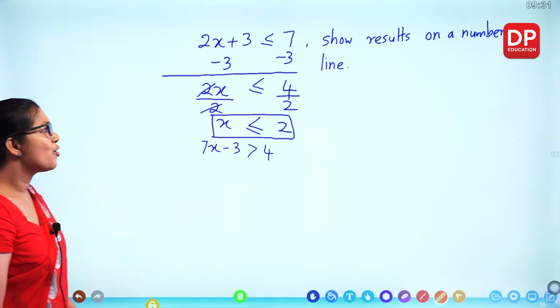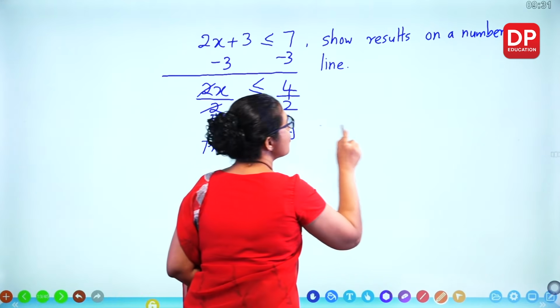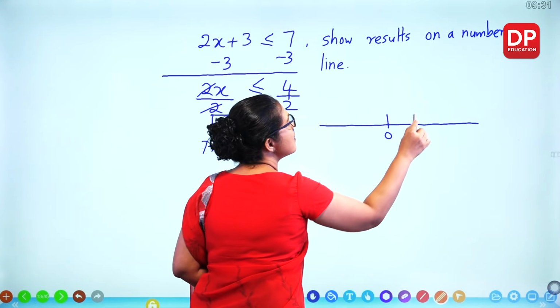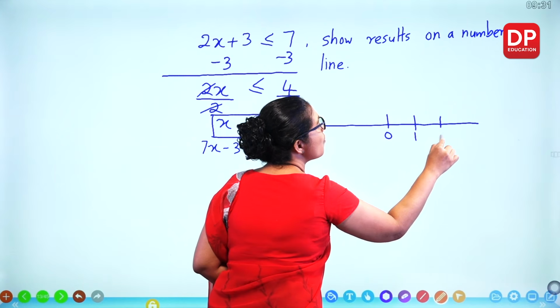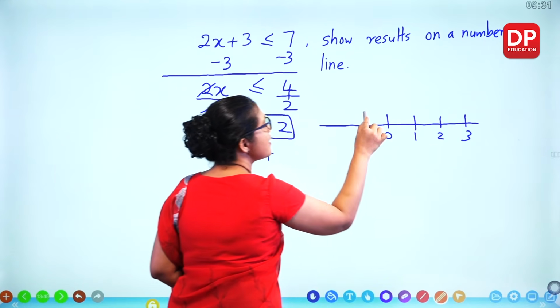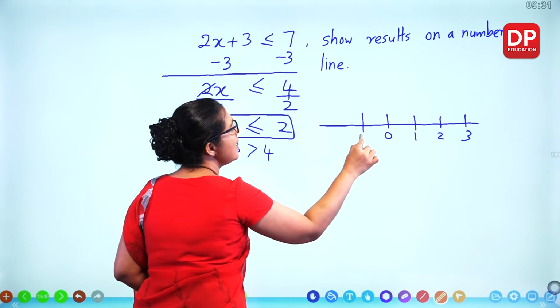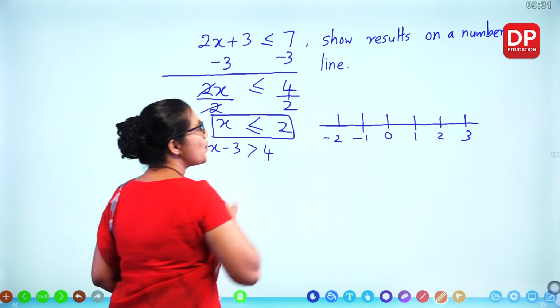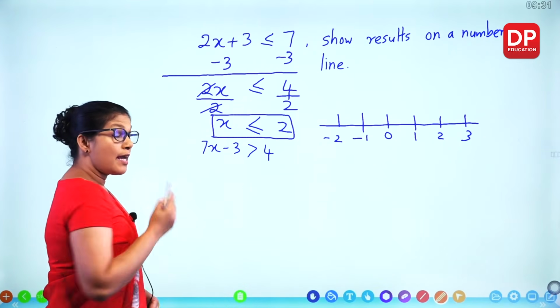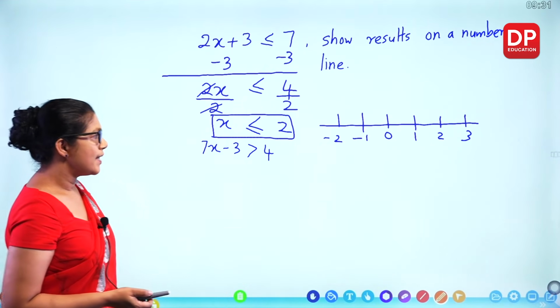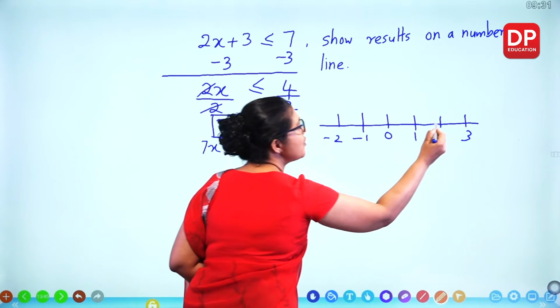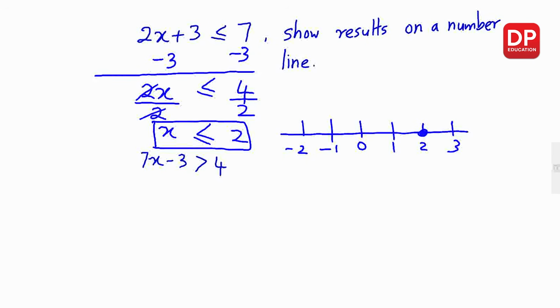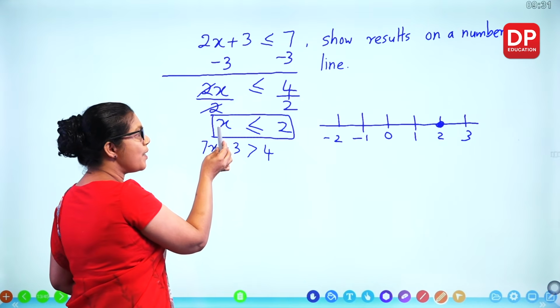If you want to show this on a number line, draw the line and mark 0, 1, 2, 3, several numbers close to this one, and minus values as well. This is equal to 2 as well. So what do we do? We draw a solid circle here, and then how do we read?